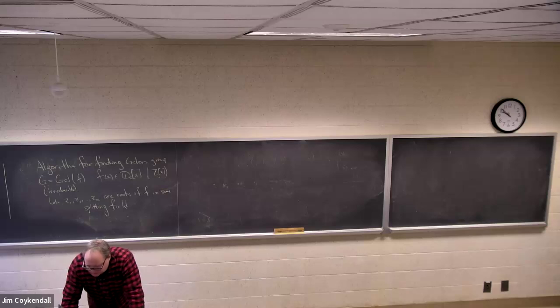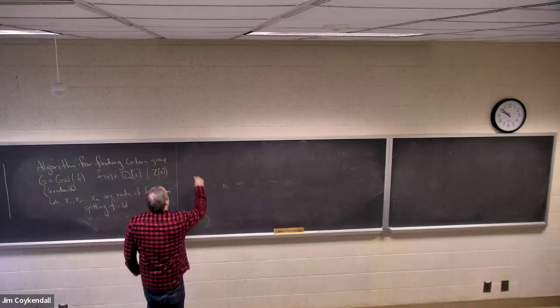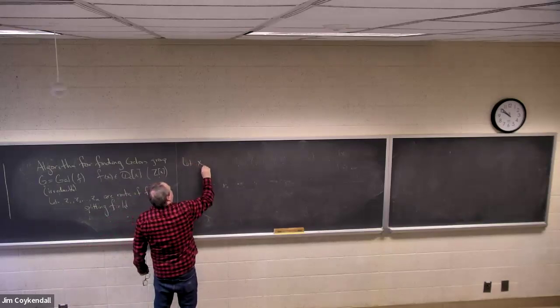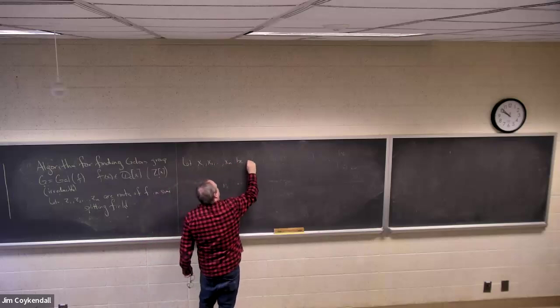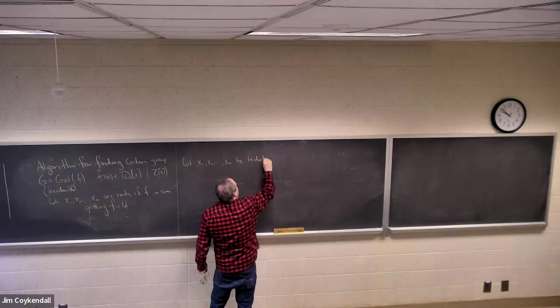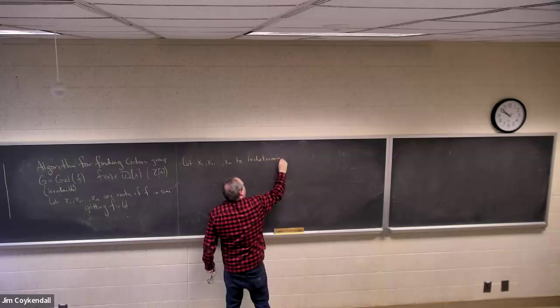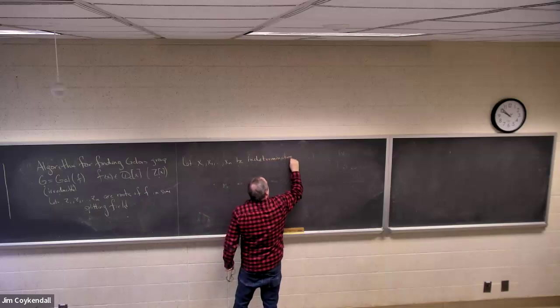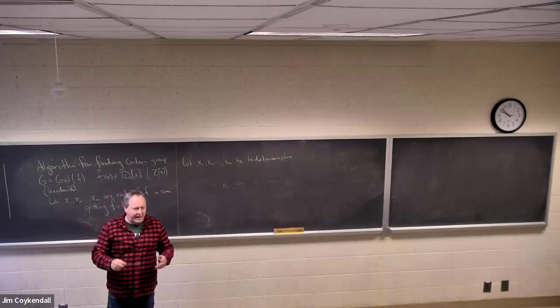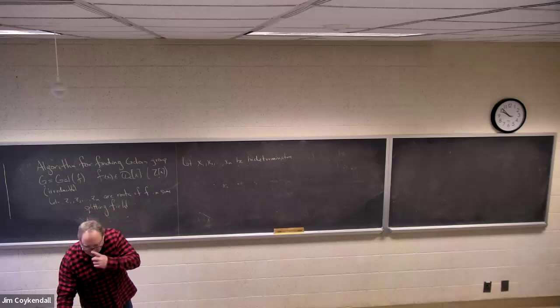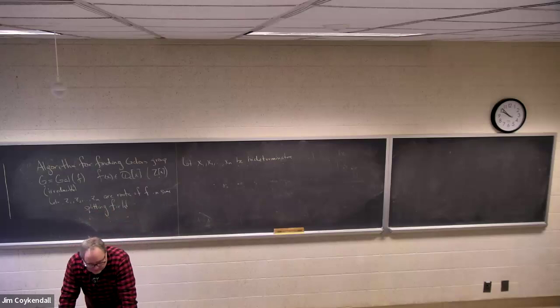Let x1 up to xn be indeterminates. So you invent a polynomial variable for every one of these roots. So if it's an n-degree polynomial, then you have n new variables.